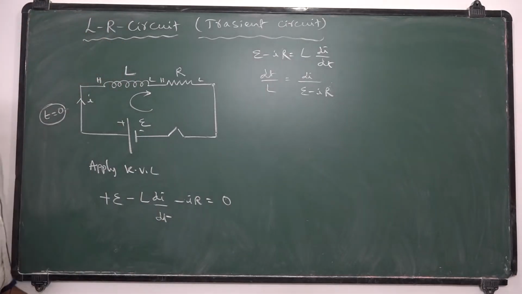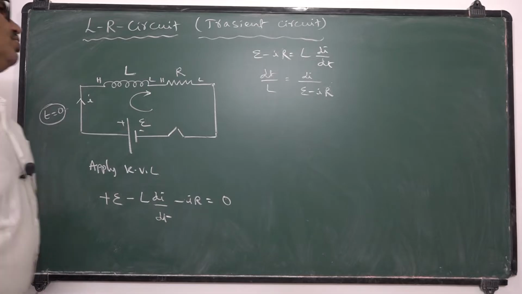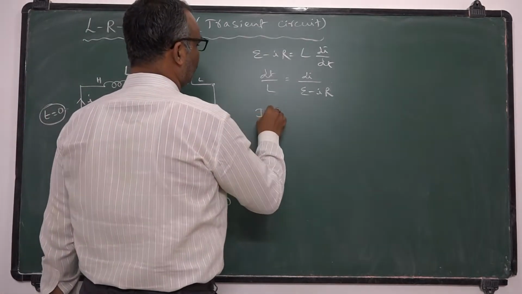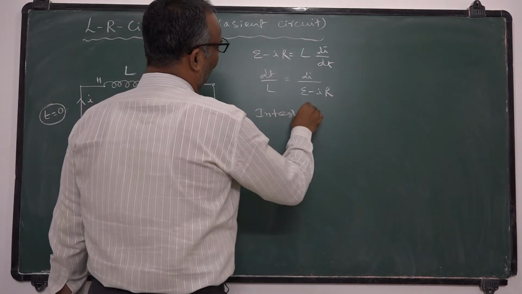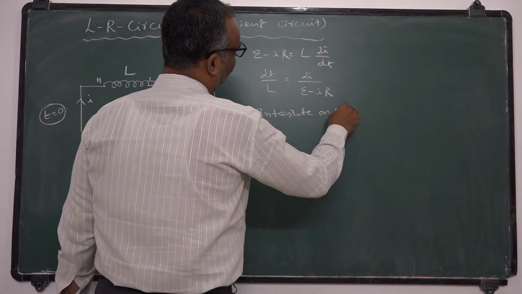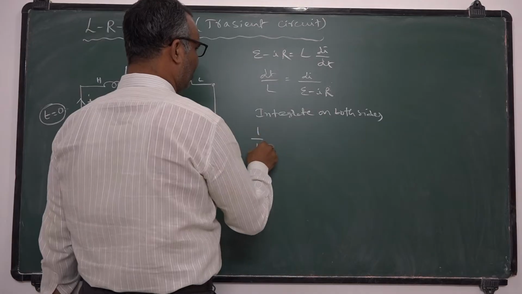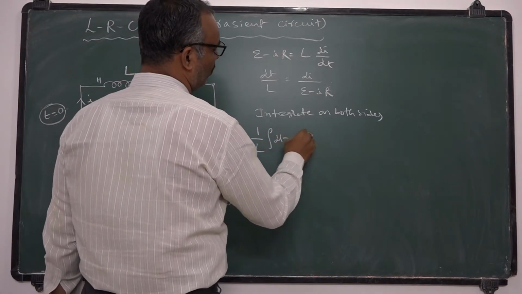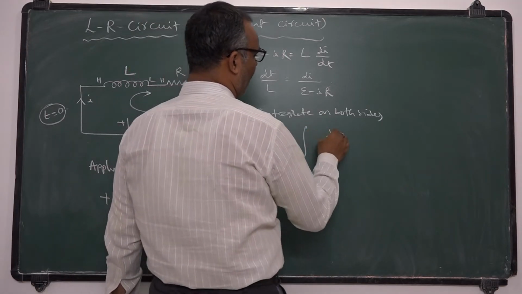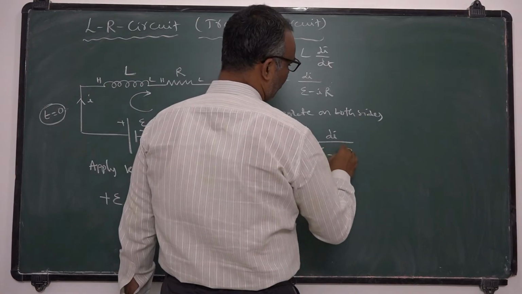In order to remove the differentials on both sides, I should apply integration on both sides. Integrate on both sides. 1 by L is constant, integral dt is equal to integral di by (E minus IR).